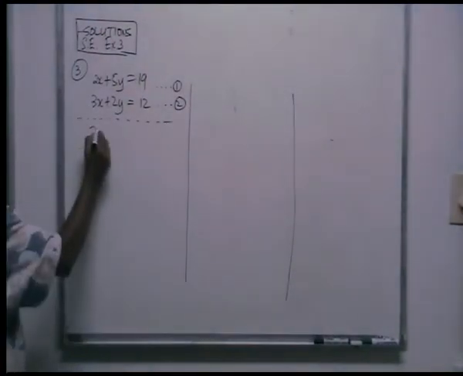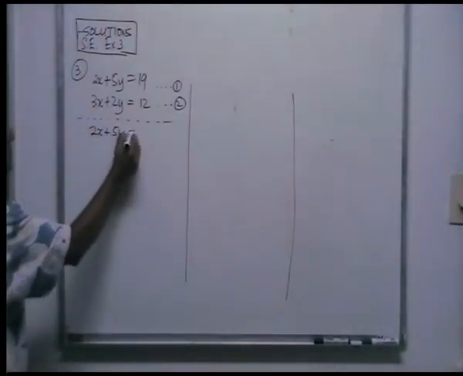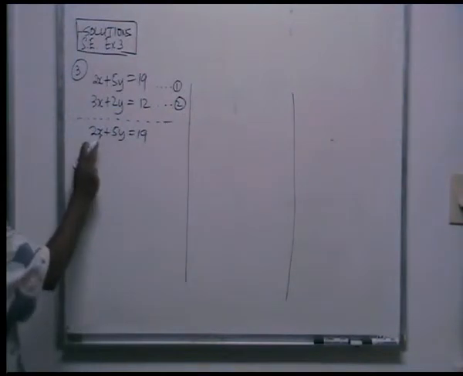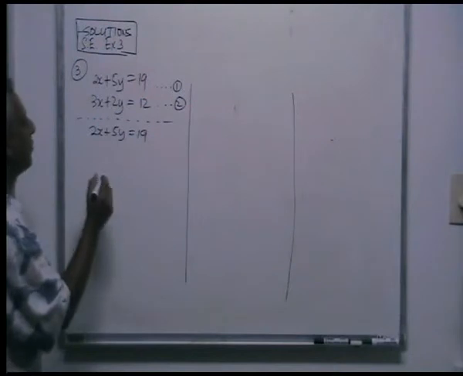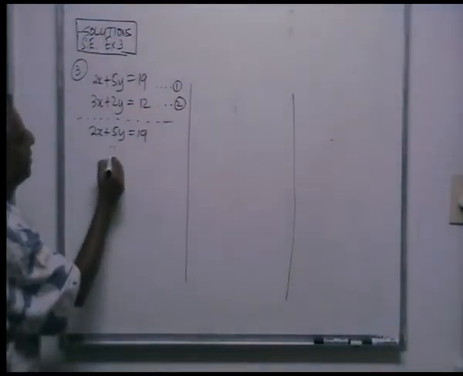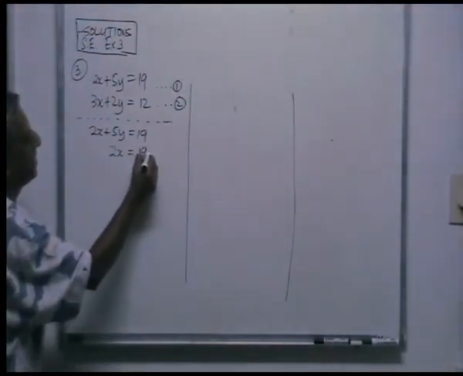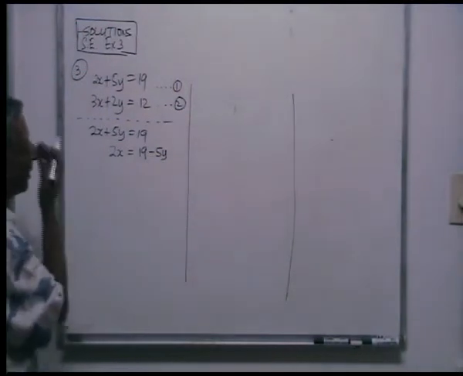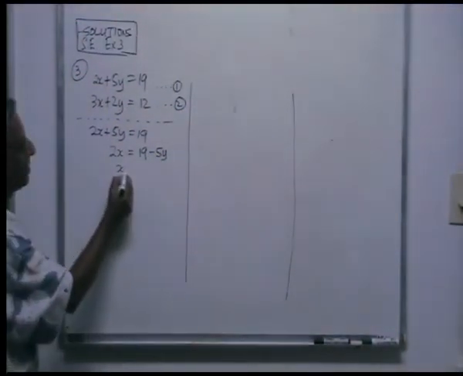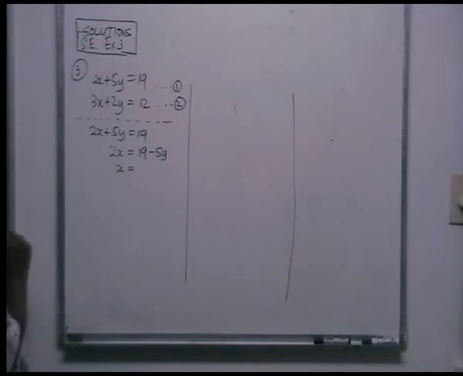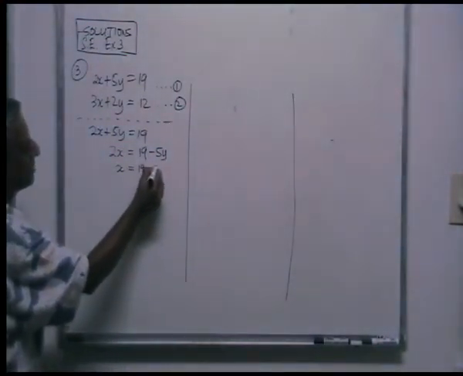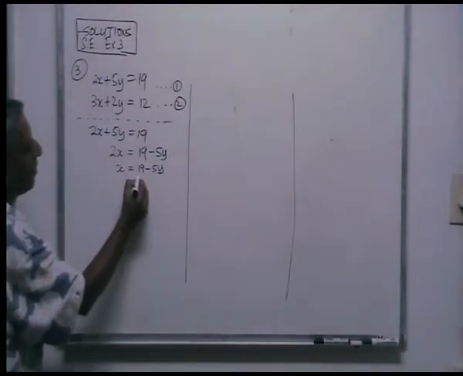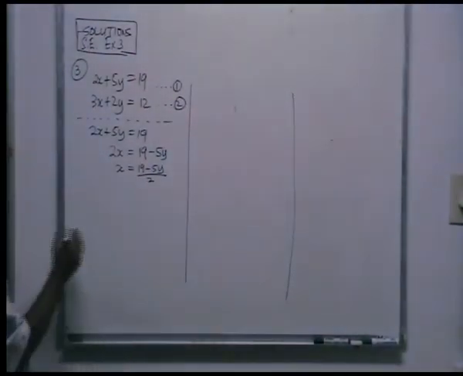So I'll take number 1 and write it down. And now I'm going to make x the subject of the formula. Or, in other words, I've got to solve for x. So I've got 2x is equal to 19 minus 5y. Then x is equal to 19 minus 5y, all divided by 2.